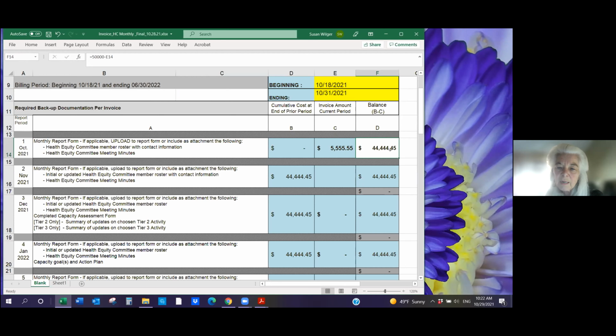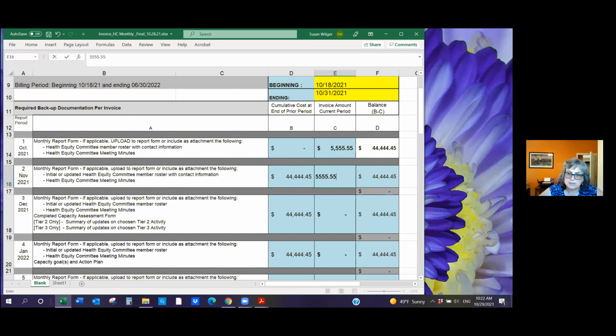And then it just transitions over. So you should only have to worry about verifying column C. If for some reason you get it, because Madeline may not know if you're billing for 1 or 2 months, column C will always be the same amount.